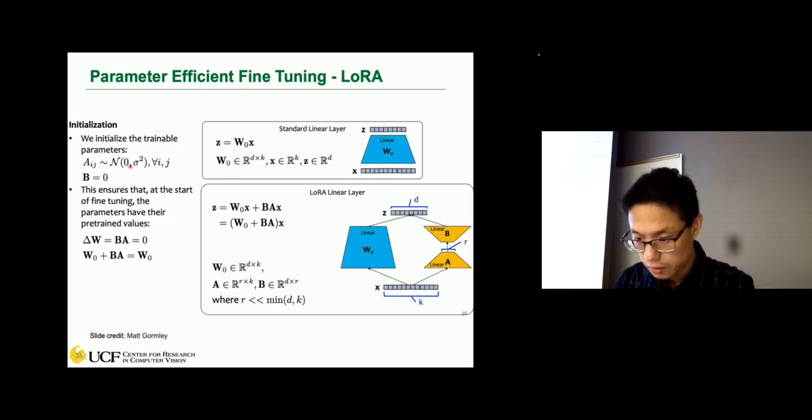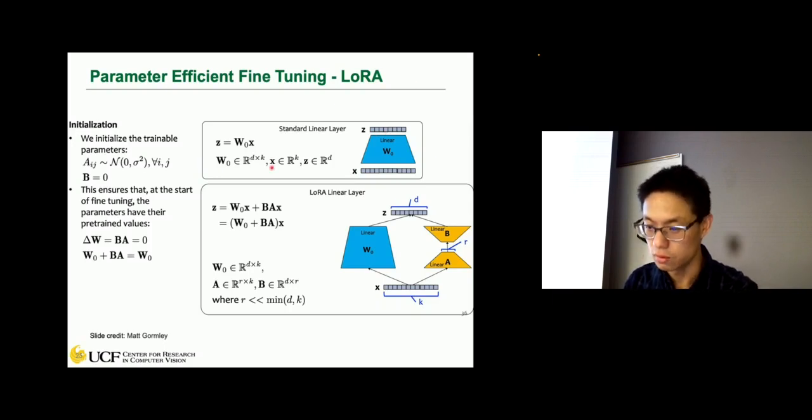Okay, so now we understand the internal mechanism of LoRA. Basically, you use this low rank adaptation to generate delta W as a tunable mechanism to change the original weights. How do we do the initialization and the learning?